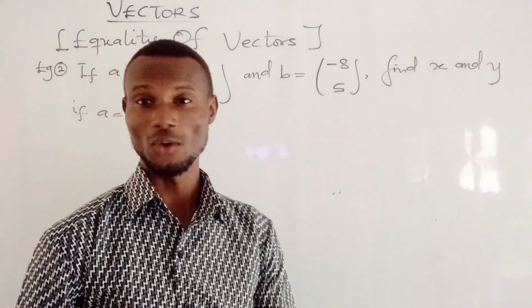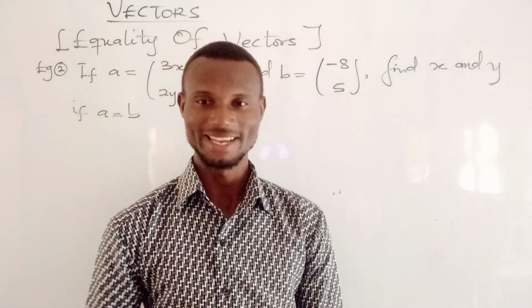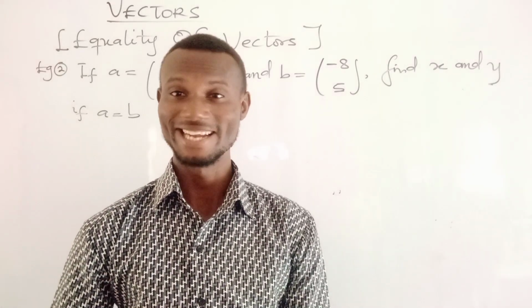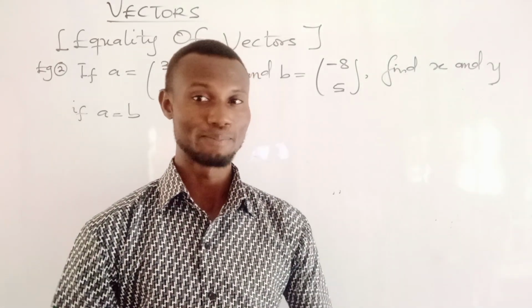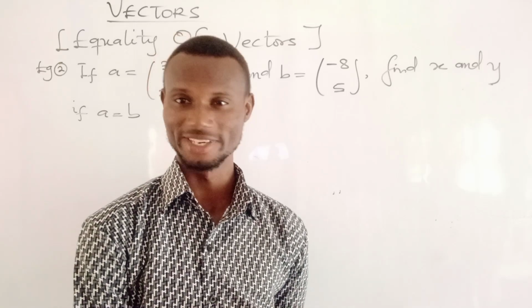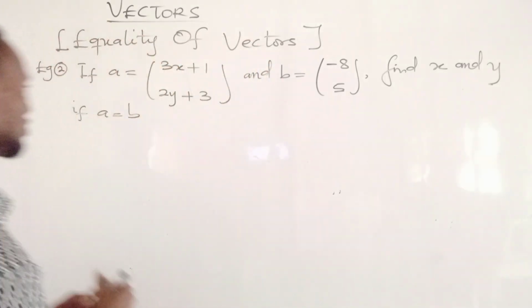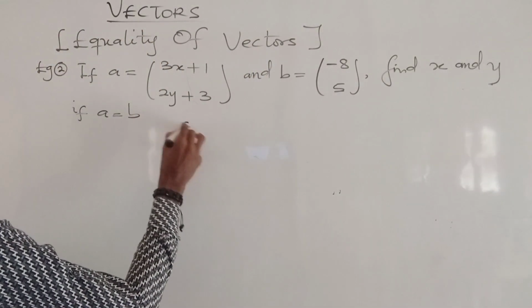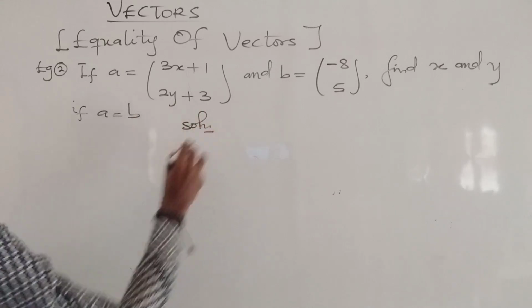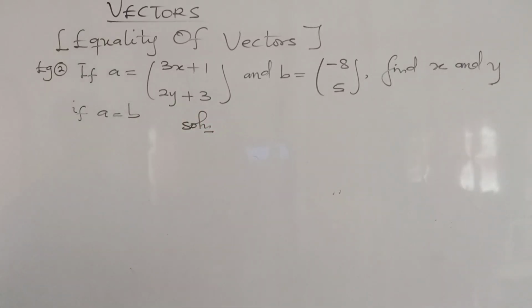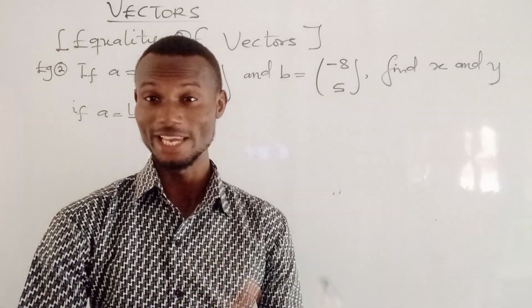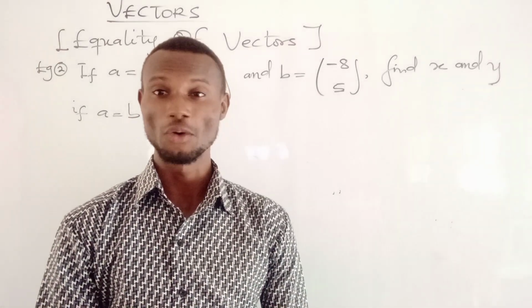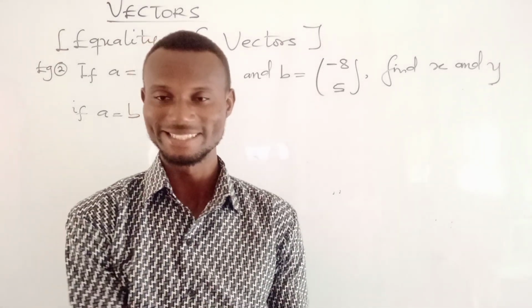And that is equality of vectors, and I've done a detailed explanation on this in the first video, so we are going to apply that knowledge to solve this as well. Let me write down my solution and let's do it together. I explained from the first video that two vectors are said to be equal if their corresponding components are the same.